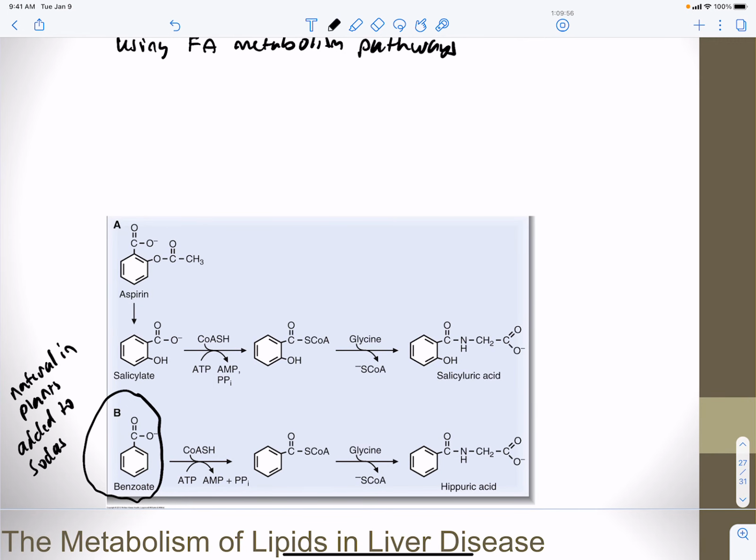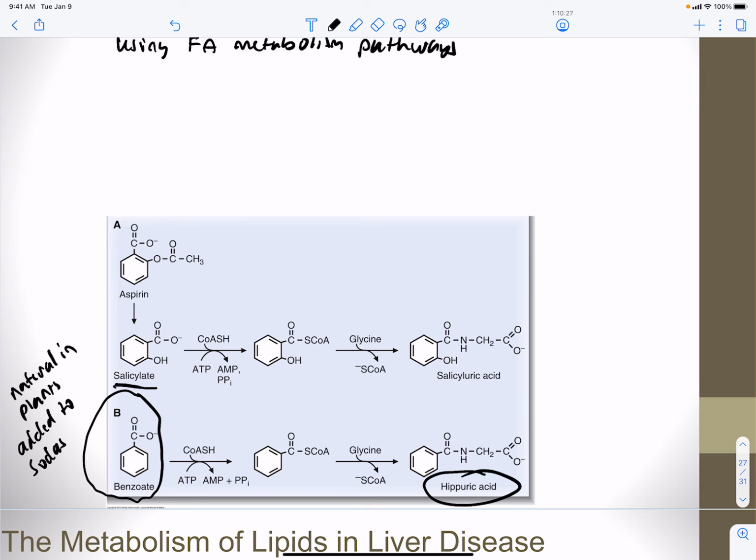You can see here that here's salicylic acid. You're going to have a very similar process of making benzoate soluble as hippuric acid as you would aspirin. So this way of getting rid of these compounds is very similar to medium chain fatty acids.